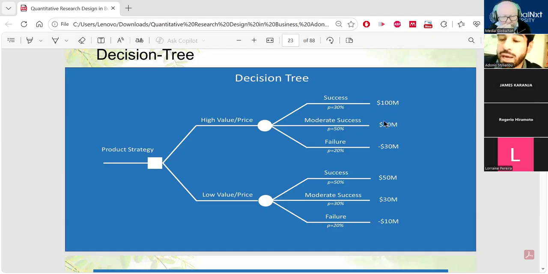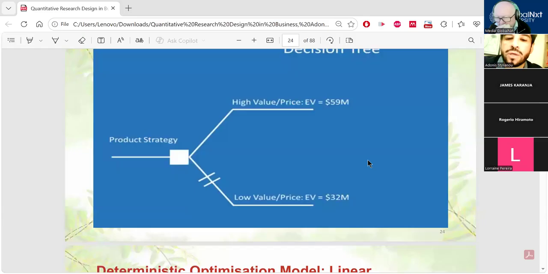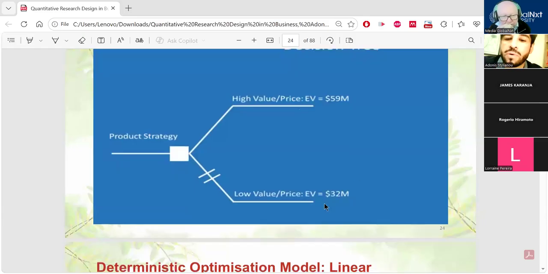So to compare the same units, and you compare them, and eventually you are in a position when you compare the different expected values to choose the highest as your product, the most important candidate for your product strategy.